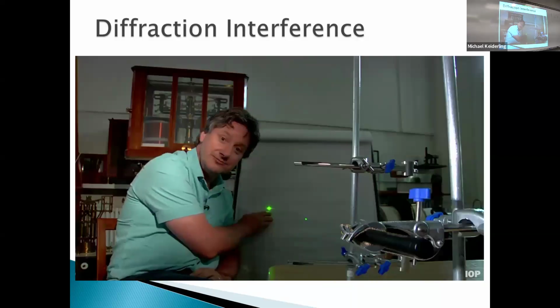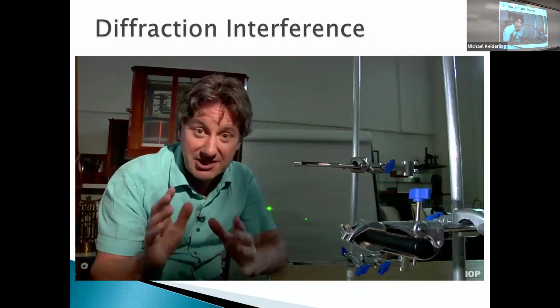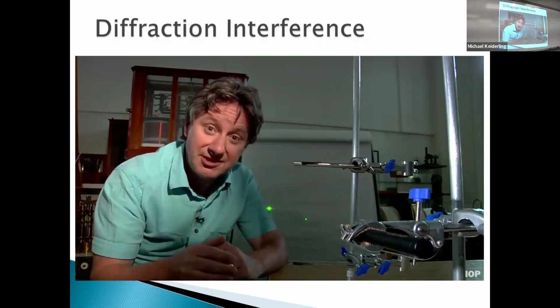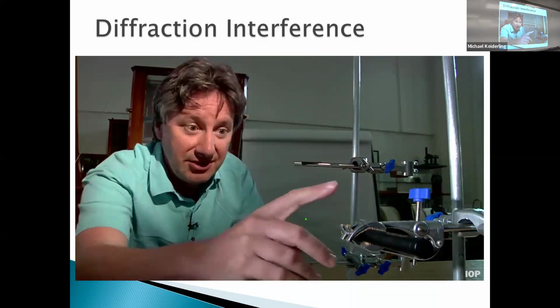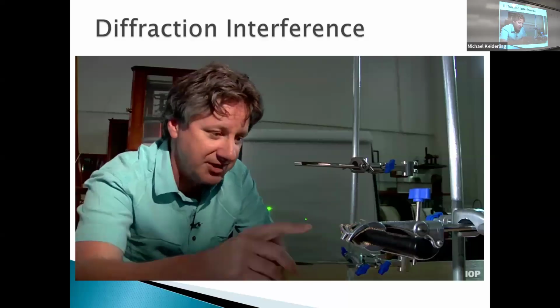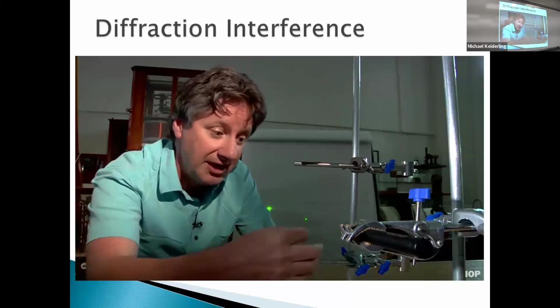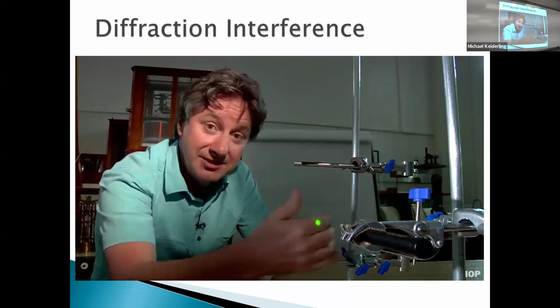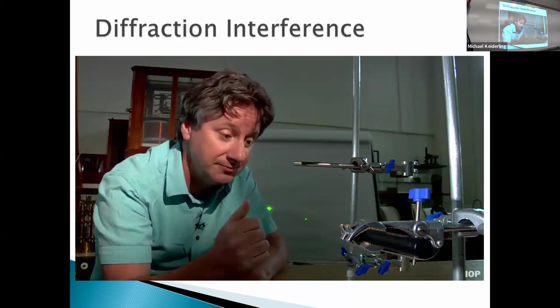So what's going on here? We can only explain this pattern if we understand that light travels through space as a wave. The light waves travel from the laser to the wire, and they're diffracted as they pass either side of the wire. That is, they're bent into the region behind the wire.